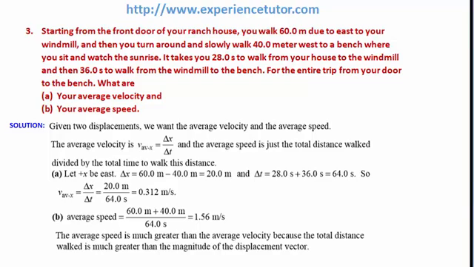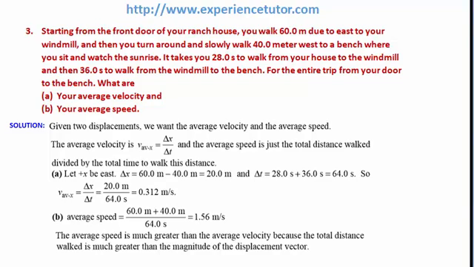B. Average speed will be total distance upon total time, that is 60 meter plus 40 meter upon 64 second, that is 1.56 meter per second. The average speed is much greater than the average velocity because the total distance walked is much greater than the magnitude of the displacement vector.